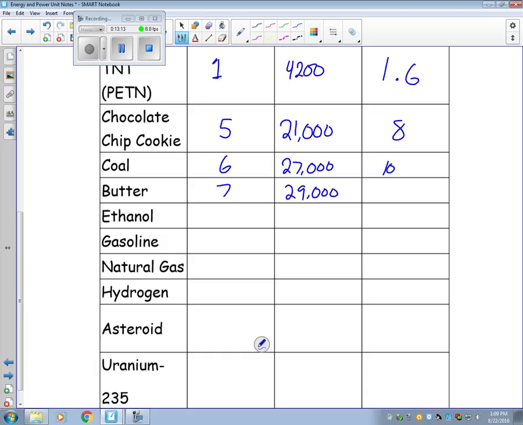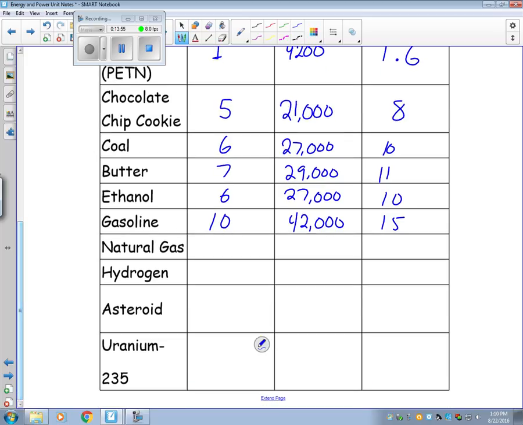And 1 gram of butter has 11 times the energy as 1 gram of TNT. Ethanol, go down here a little bit, has 6 calories, so 1 gram of ethanol has 6 calories. So it's going to look the same as the coal. So notice that between coal and ethanol, we get the same amount of energy. So that's something to think about. Gasoline, 1 gram of gasoline has 10 calories. It's 42,000 joules, and that means gasoline has 15 times more energy than 1 gram of TNT.